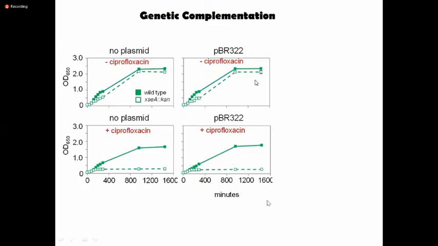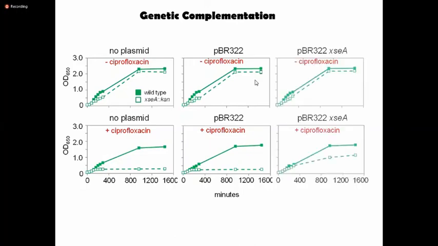So now the final part, what I have done is I have cloned the XSEA gene into this plasmid, so I've used PBR322 which encodes XSEA. In the absence of ciprofloxacin, the wild type and the XSEA knockout behave the same.